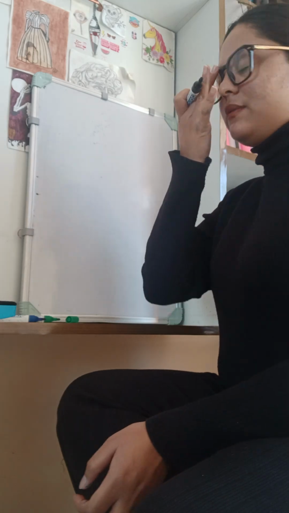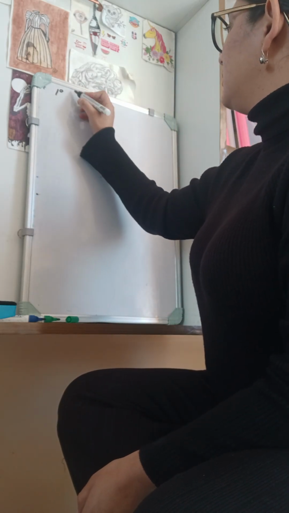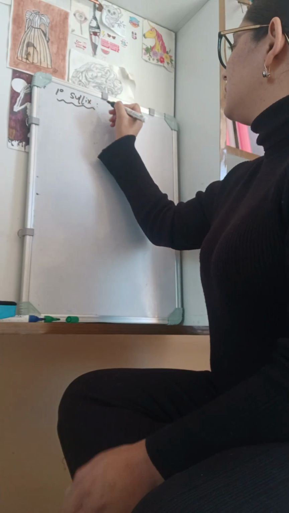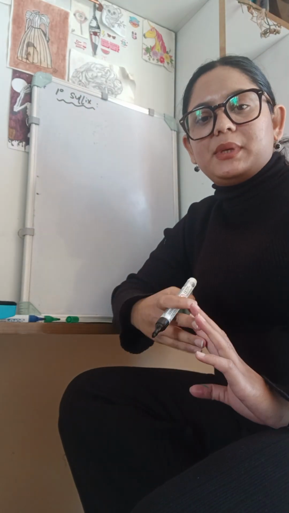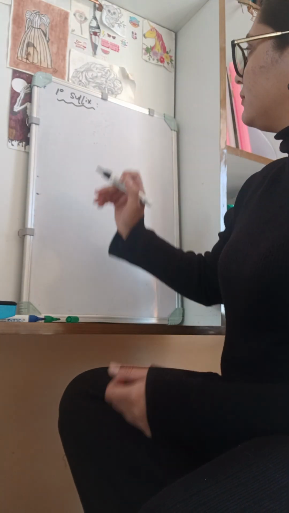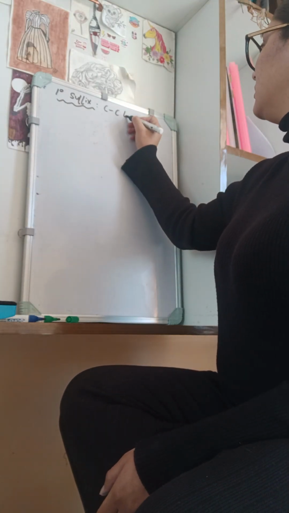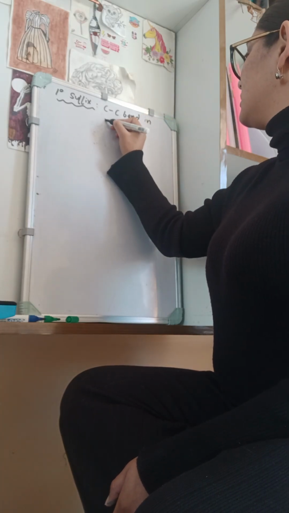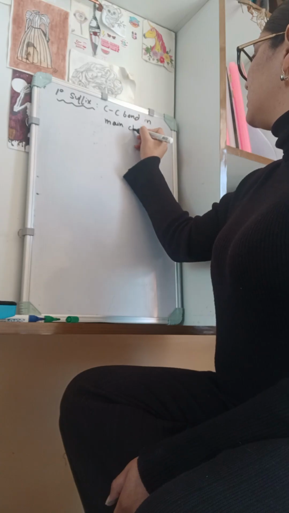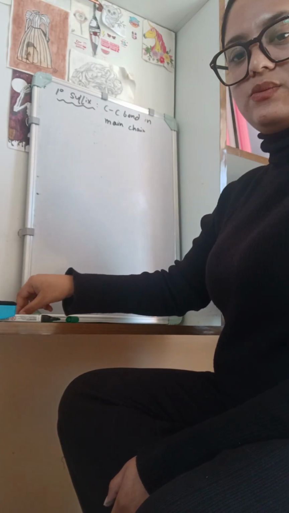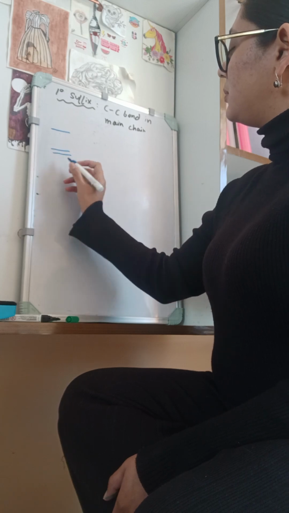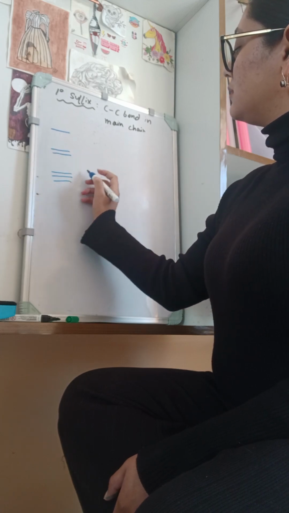Now for primary suffix. What does primary suffix represent? Primary suffix means the type of carbon-carbon bond present in the main chain. We only have 3 types of bonds which are possible: single bond, double bond, triple bond.